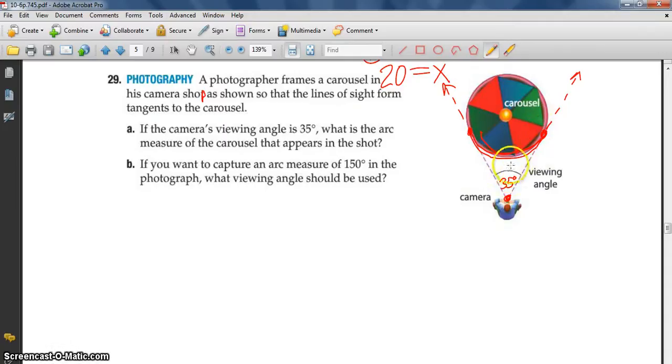So, since I don't know what this arc is, I'm just going to call that x. But if I call that side x, remember we had a problem like this before. To get this arc, we have to subtract this arc from 360. So this side will be 360 minus x. And then you can set the problem up. And I'll have to pick up there on the next clip.